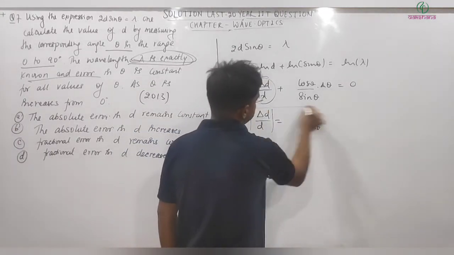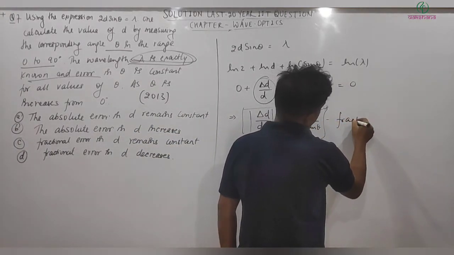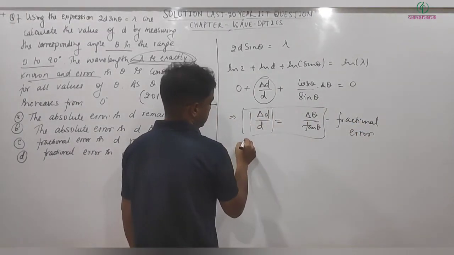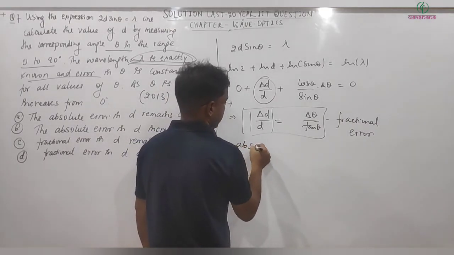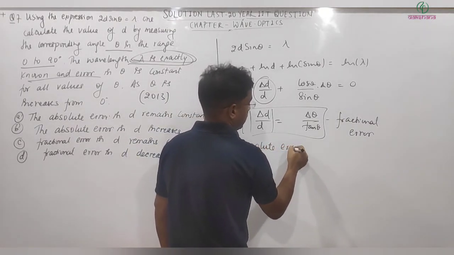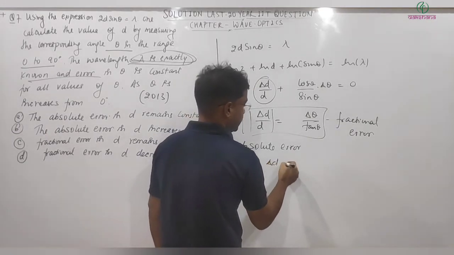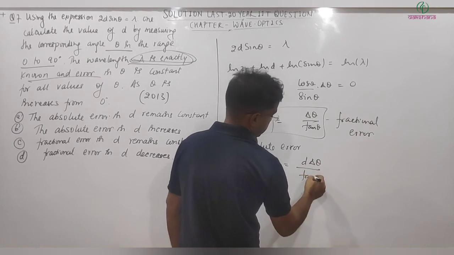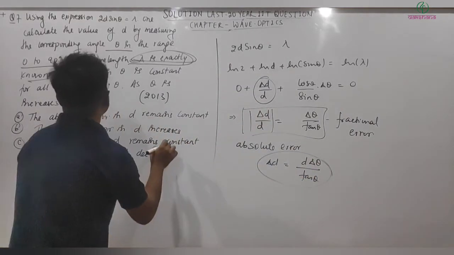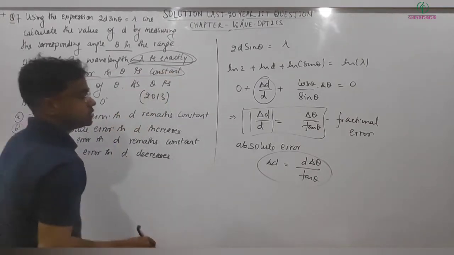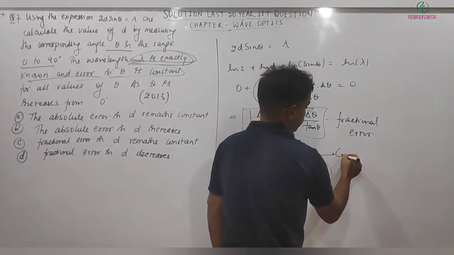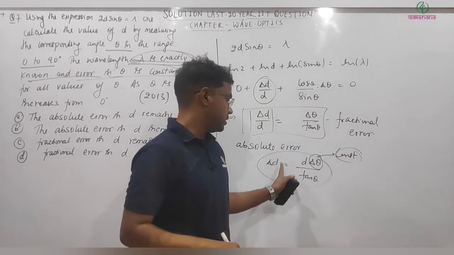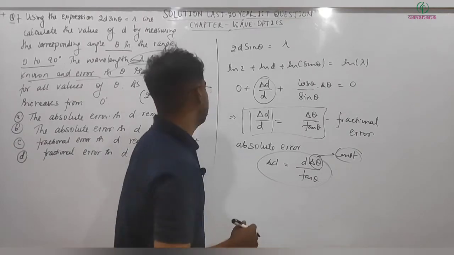This is fractional error. And absolute error, so that will be equal to delta D is equal to D delta theta divided by tan theta. It's also clearly mentioned the error in theta is constant. We are measuring delta D with measuring theta. So now let's check for it.